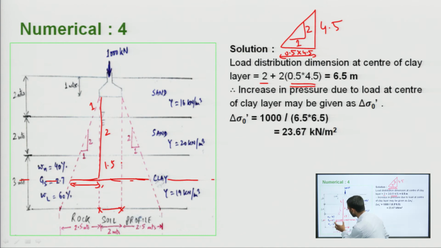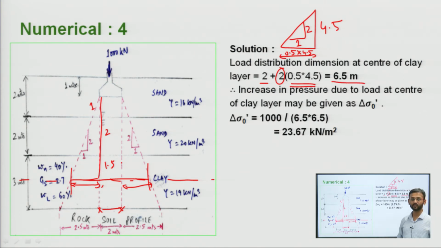So you get this point here. Now similar is the case in this section also. This is a symmetrical diagram, so this will also be 0.5 into 4.5. So you multiply it by 2 here. Okay. So the load distribution dimension at the center of the clay layer, between these two widths, comes out to be 6.5 meters.